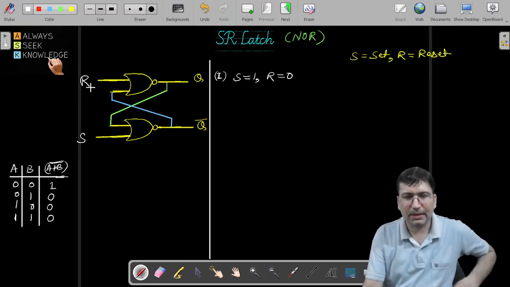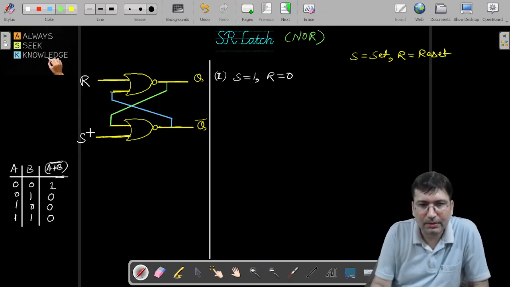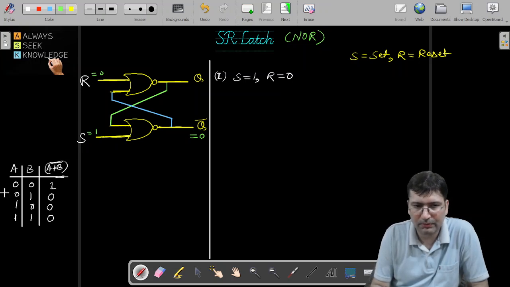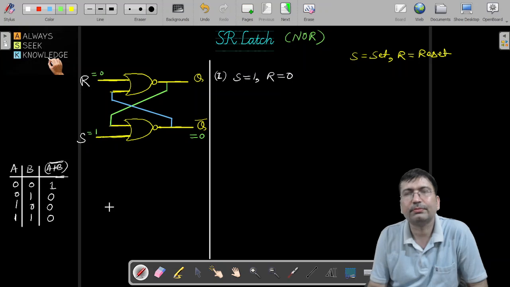So when set pin is high, that means I'm giving this value as 1 and this value as 0. So when this is 1, there's a guarantee that this NOR gate will generate 0, because any of the inputs when we give as 1, the output will definitely be 0.